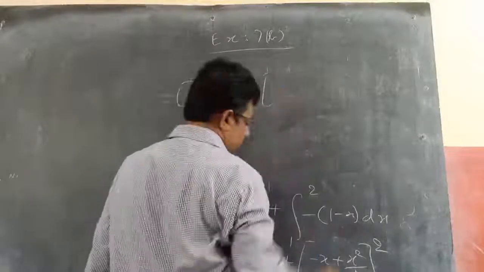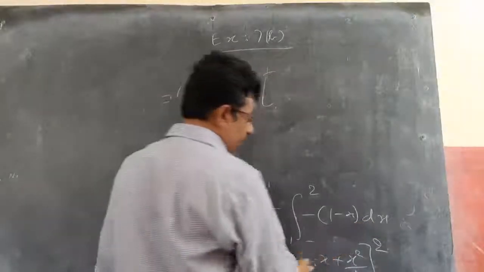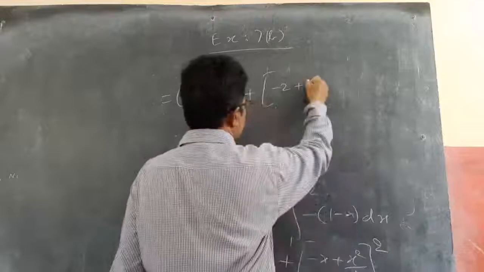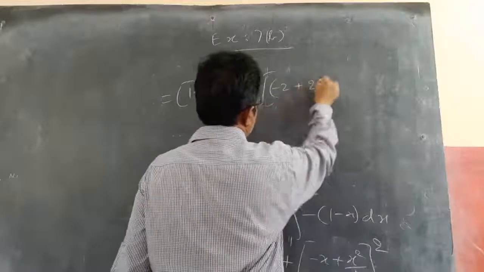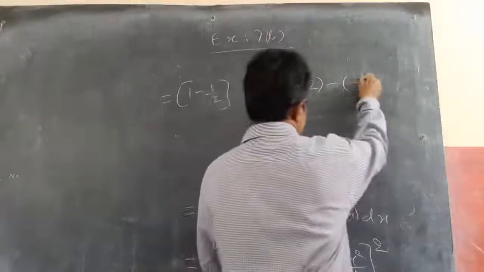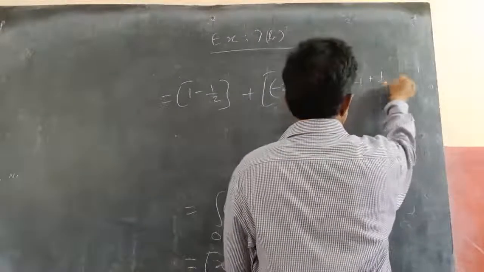What is the upper limit first? F of b: minus 2 plus 2 square 4 by 2 is 2, minus the lower limit. If I substitute 1 here, minus 1 plus 1 square by 2.